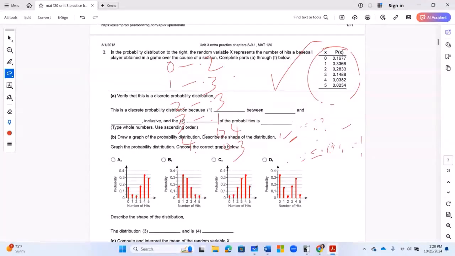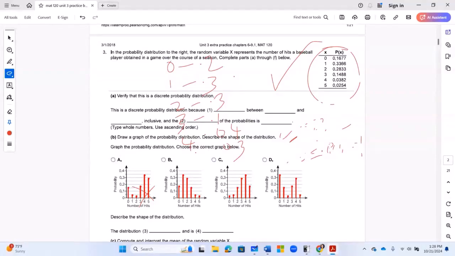Okay, so I am going to check the first one. The probabilities are on the y-axis, and the random variables are on the x-axis. So I can see that I can use only 2. 4 is mapped to 0.0304. 5 is, so it cannot be this one, because 4 and 5 are the smallest.